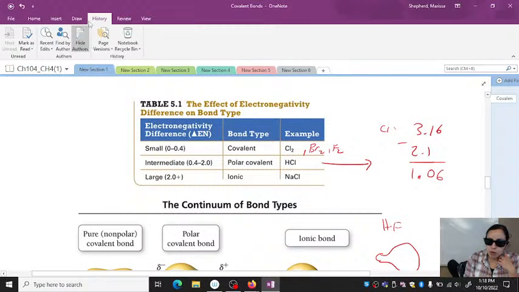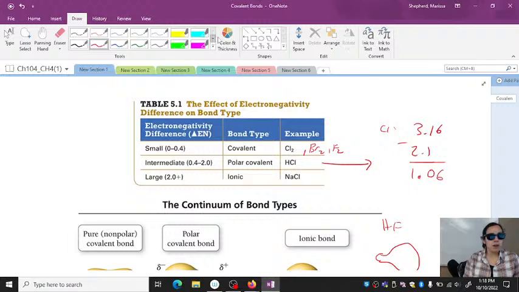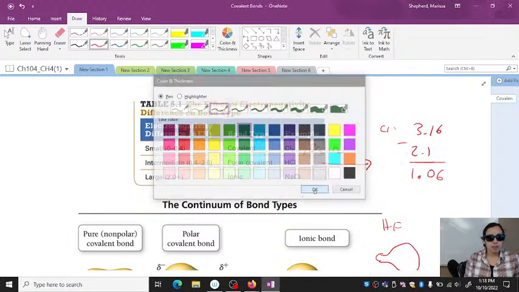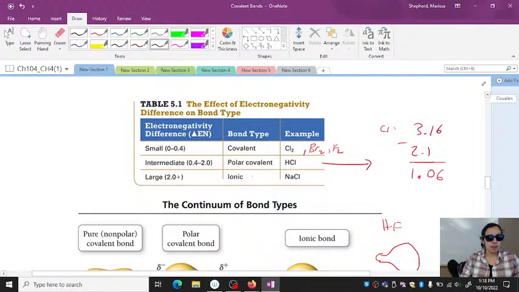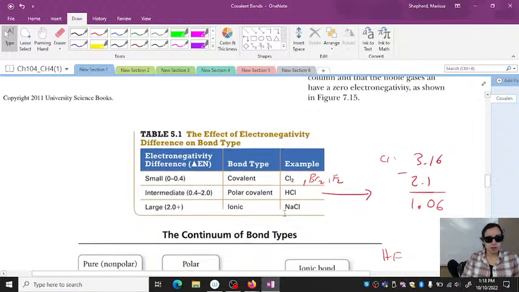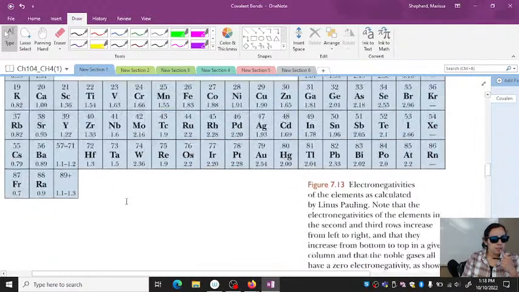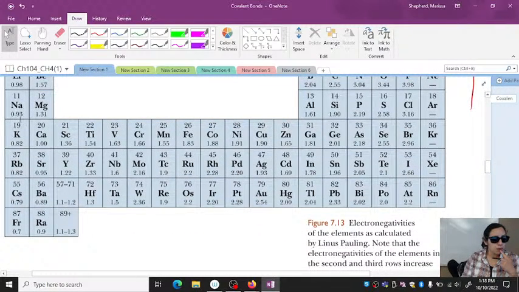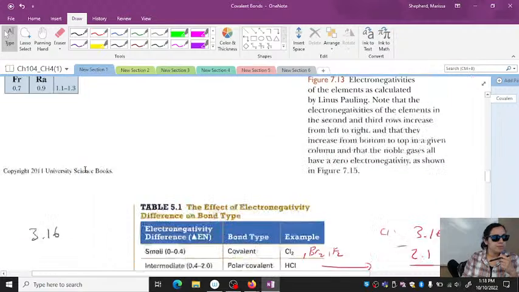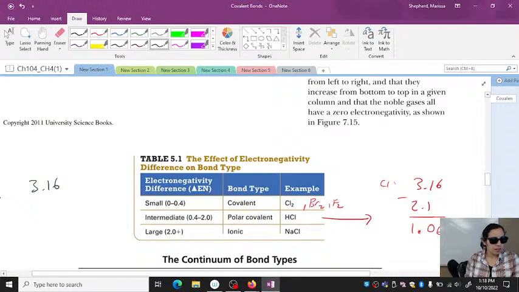So then let's just practice sodium chloride so we can see how we can determine an ionic bond. From the chart, we had said chlorine was 3.16. And let's look up sodium, 0.93.